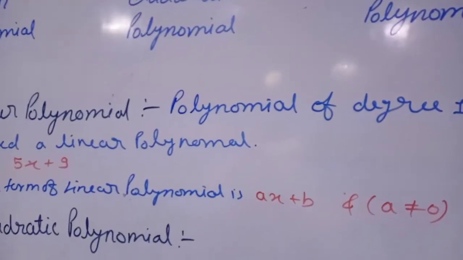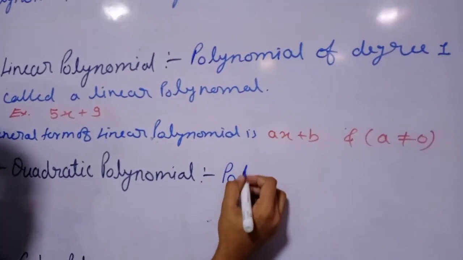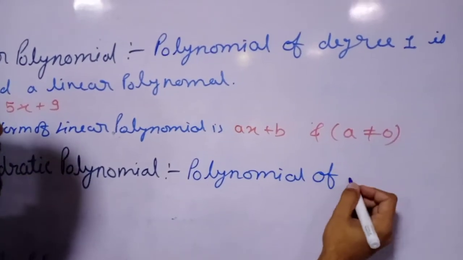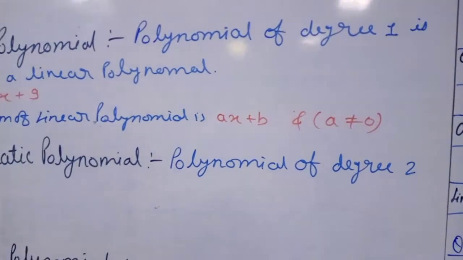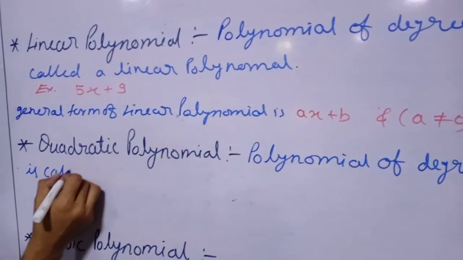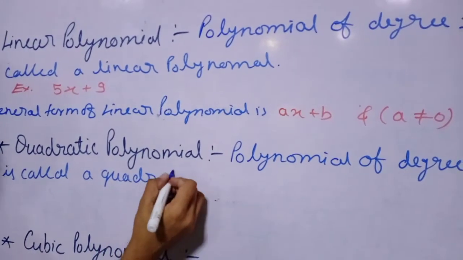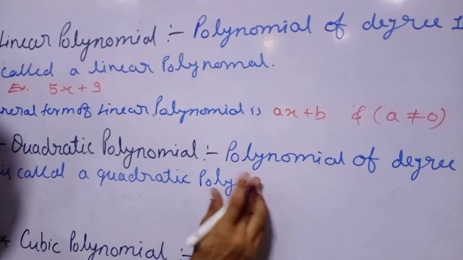Now come to the next, that is the quadratic polynomial. That is nothing else, a polynomial of degree 2 is called a quadratic polynomial.